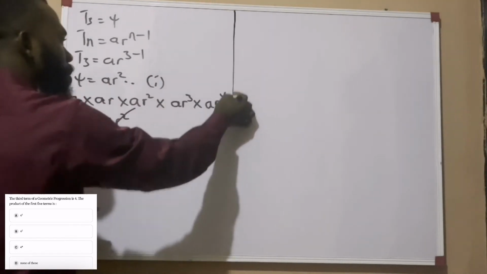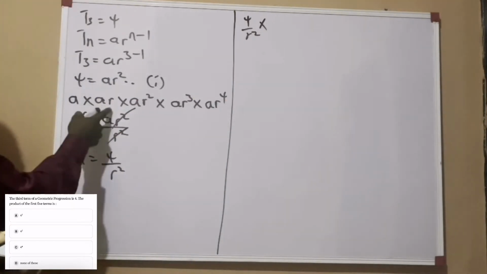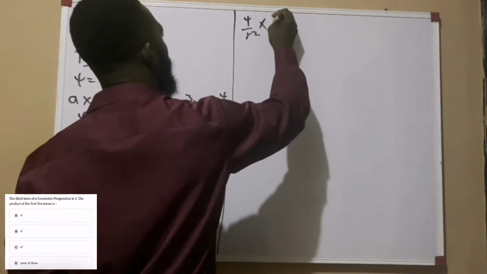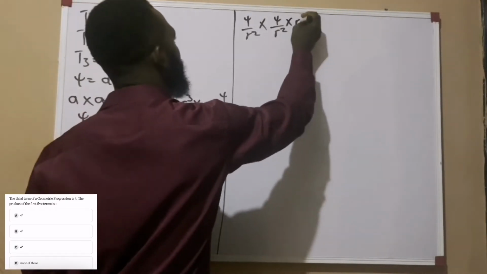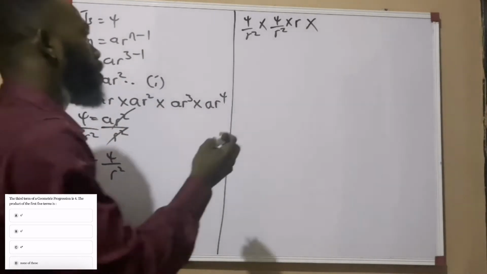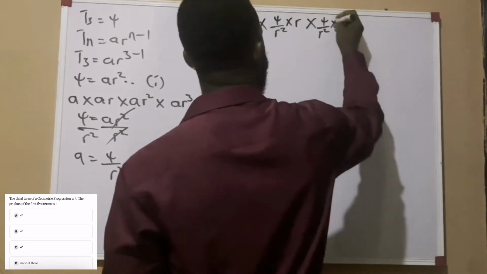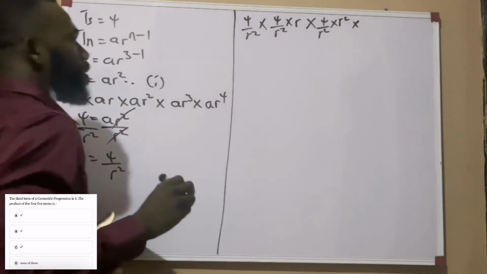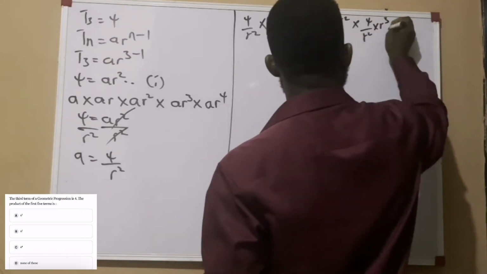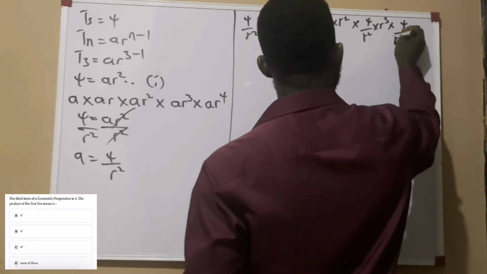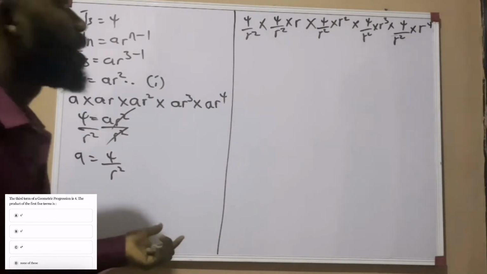So it becomes A, which is the first term, is 4 over R squared, times here we have AR, but A is 4 over R squared, so I have 4 over R squared times R, times AR raised to the power 2 becomes 4 over R squared times R raised to the power 2, times 4 over R squared times R raised to the power 3, and lastly I have 4 over R squared times R raised to the power 4.